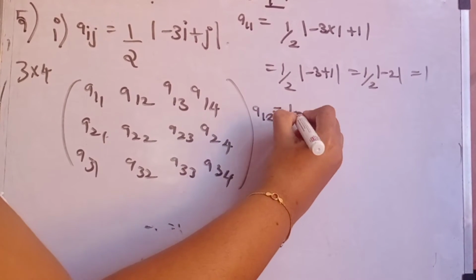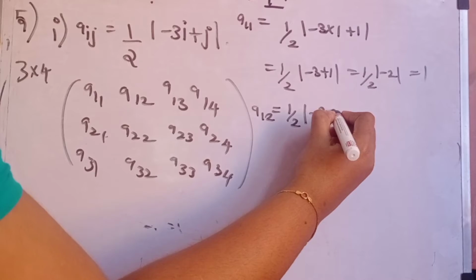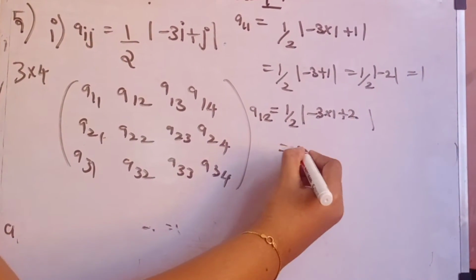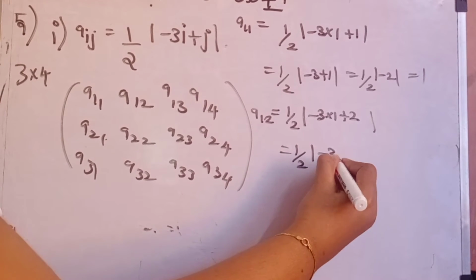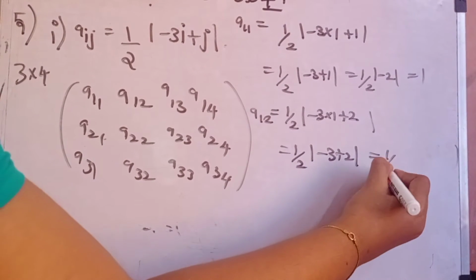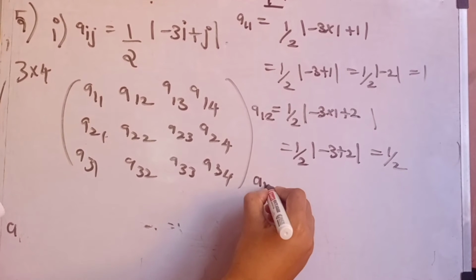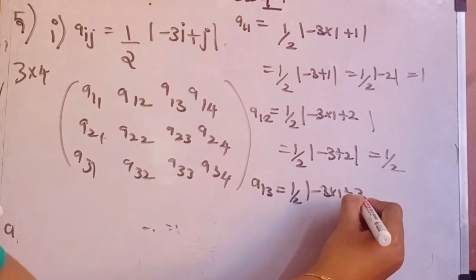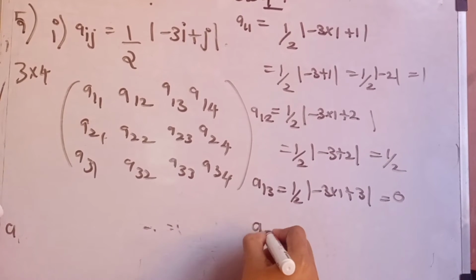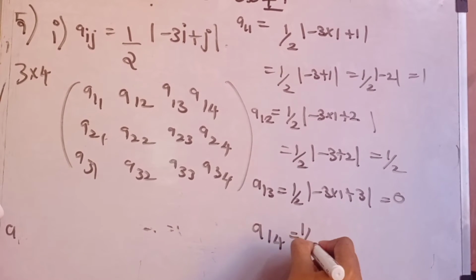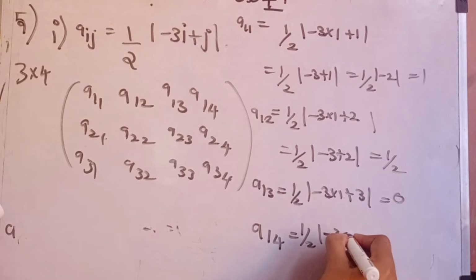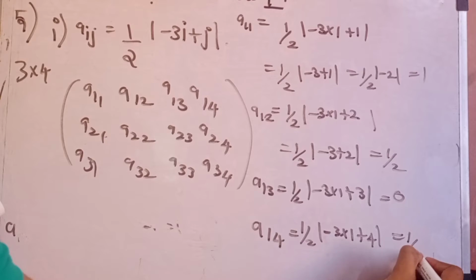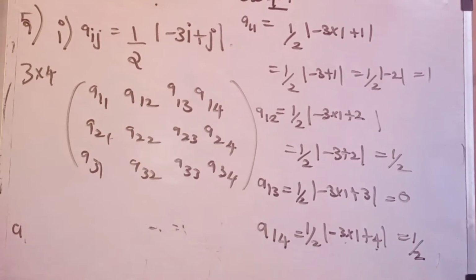A12, 1 by 2 minus 3 into 1 plus 2, so 1 by 2 minus 3 plus 2, so 1 by 2. A13 means 1 by 2 minus 3 into 1 plus 3, so 0. A14, 1 by 2 minus 3 into 1 plus 4, so 1 by 2. Yes, 1 by 2.